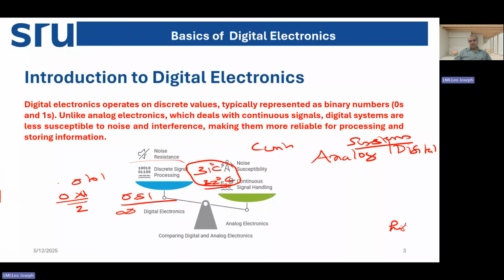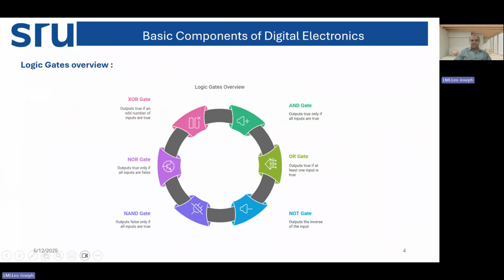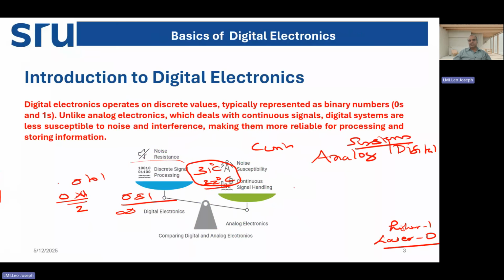Higher values we keep as 1, and lower values we keep as zeros. While manufacturing the digital components, usually called digital systems, those are mapped with digital terms. What is meant by digital term? That is, which all operate with reference to discrete numbers.